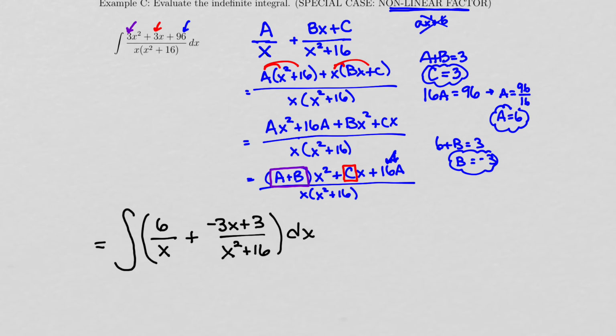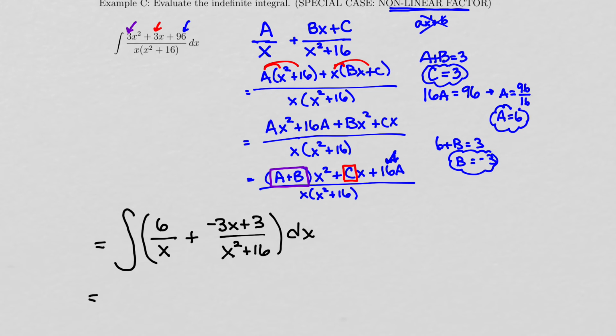You can break this up with 3x over this, which gives you a u substitution problem, and 3 over this, which either gives you an arctan, or you could use a trigonometric substitution if you want to practice. Otherwise, it's a straight up arctangent. I might just do the trig sub just to practice, but yes, we're going to split it up. And that, Olivia, is when I would pull out my 3's.